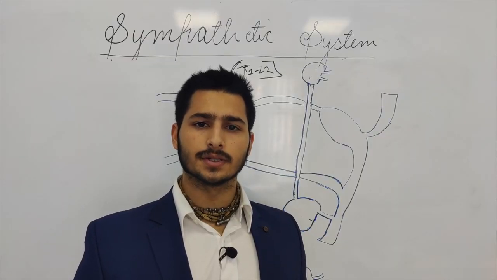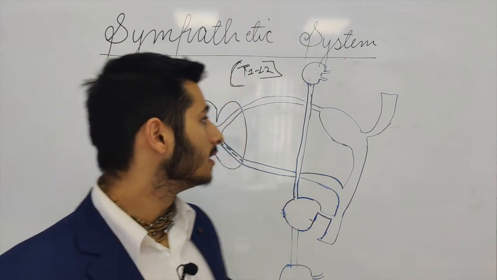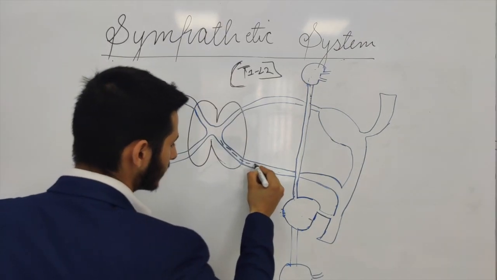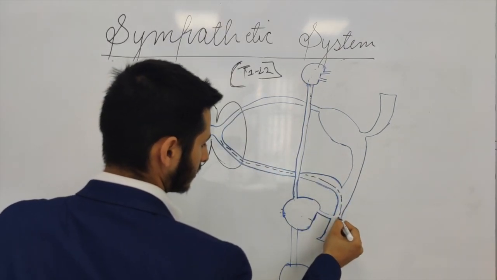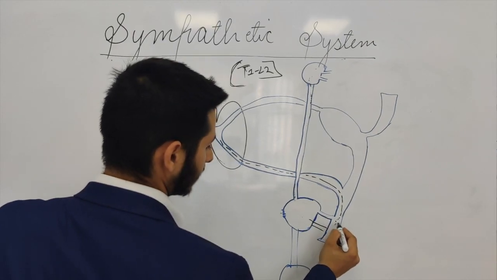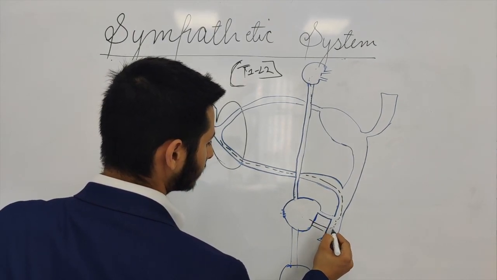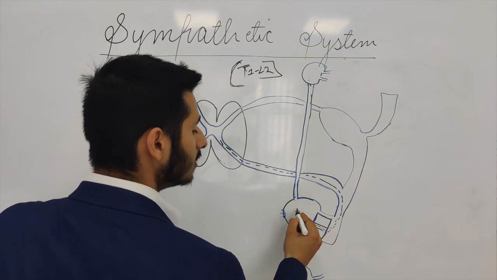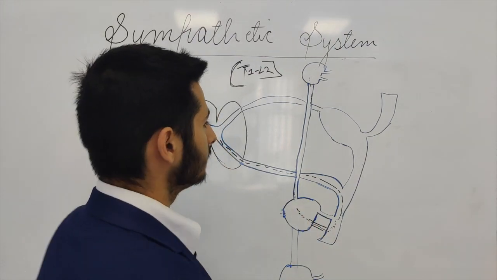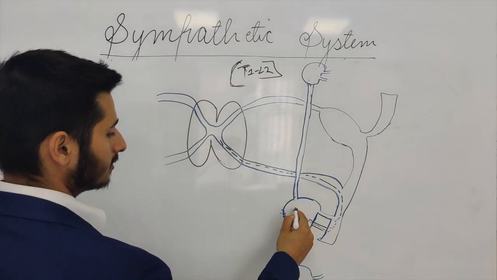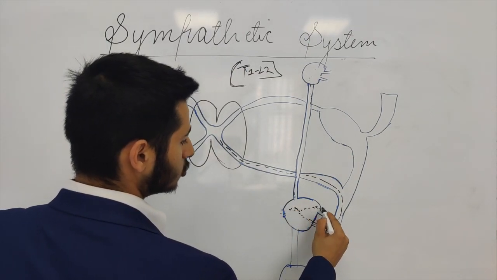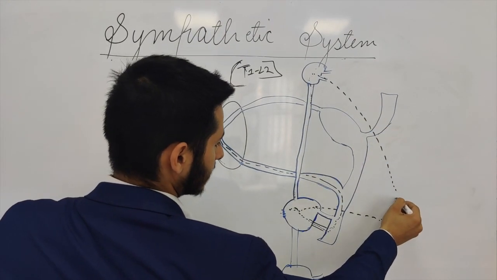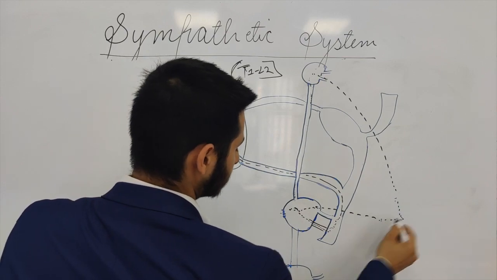The next type of innervation is the innervation of abdomen and pelvic regions. In such cases, the preganglionic fibers that leave the anterior ramus of the spinal nerves leave their specific ganglion without synapsing, and they join similar kinds of fibers that haven't synapsed in their ganglions or in the trunks.